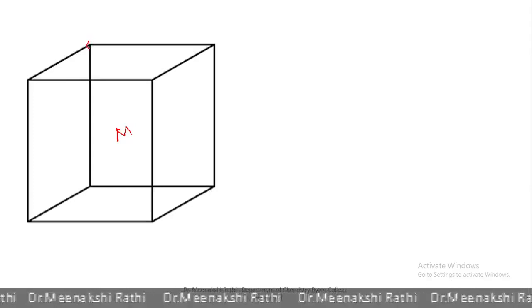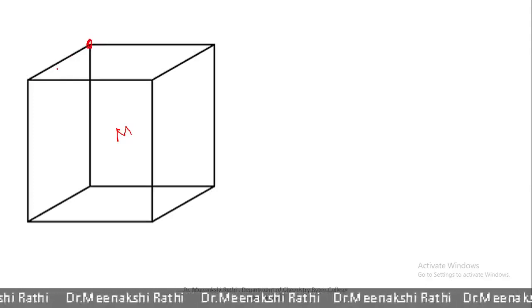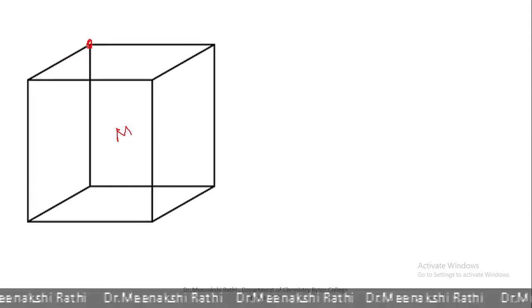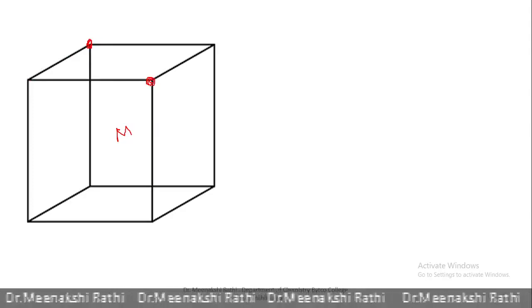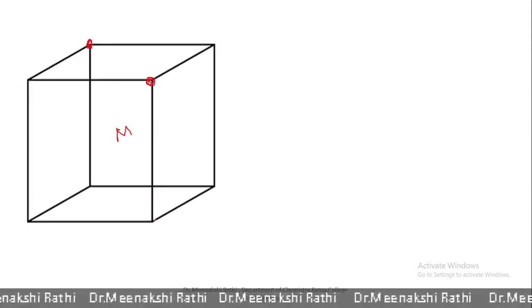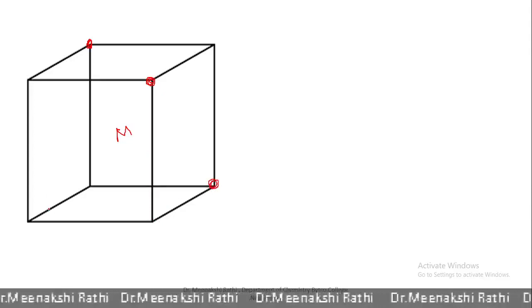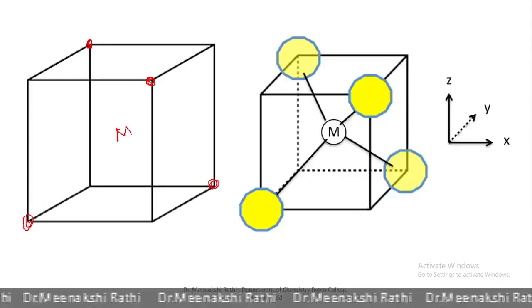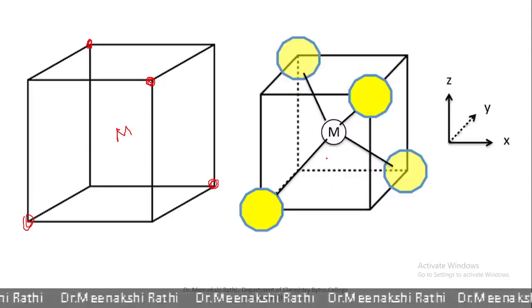That means suppose one ligand is approaching from this corner, then the other ligand will approach from an alternate corner. Leave this one, one ligand will approach from this, and another ligand will approach from this side. So, we will see a tetrahedral complex in a cube like this.